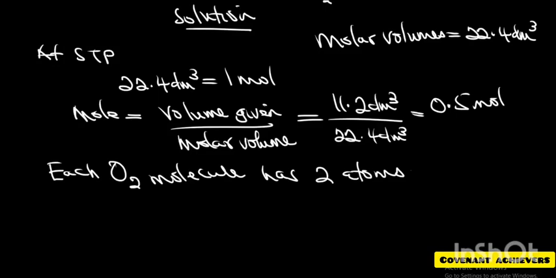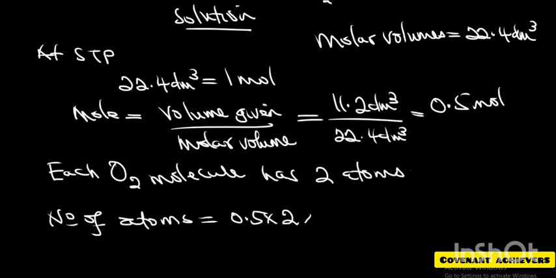So in that case, the number of atoms is going to be 0.5 times the number of atoms, which is 2, then times Avogadro's constant, which is 6.02 times 10 raised to 23.